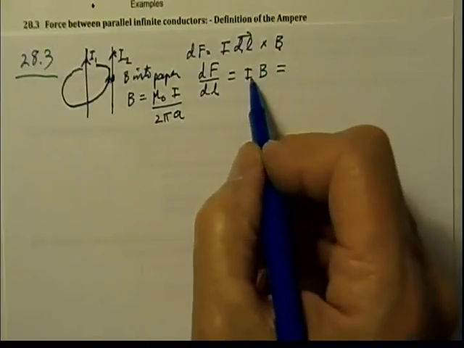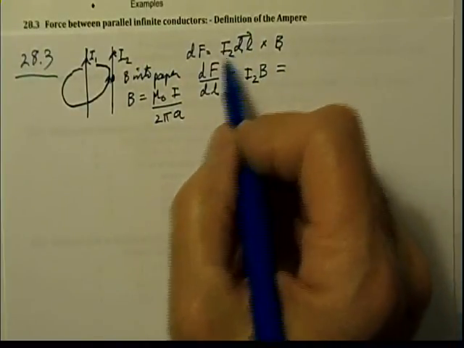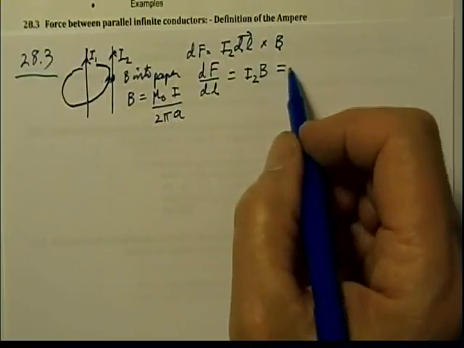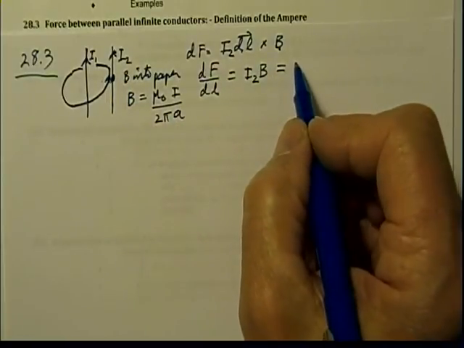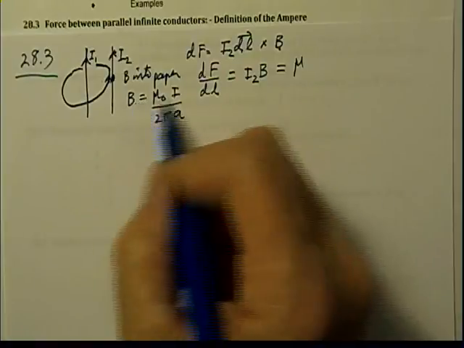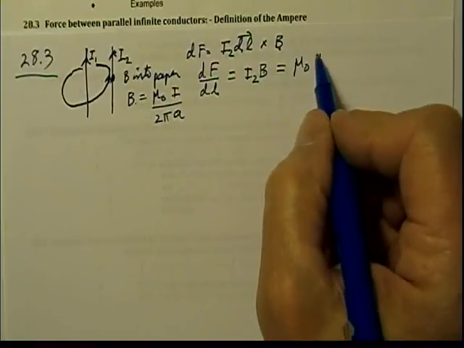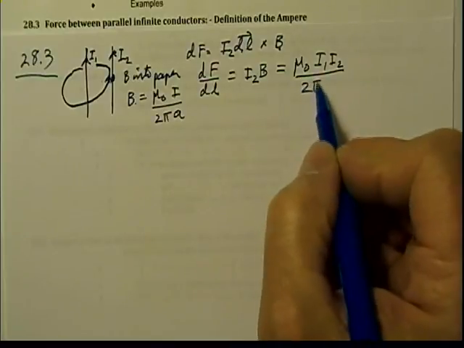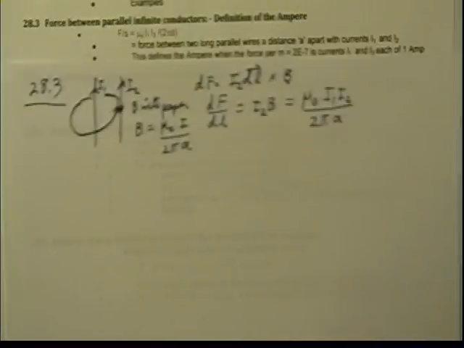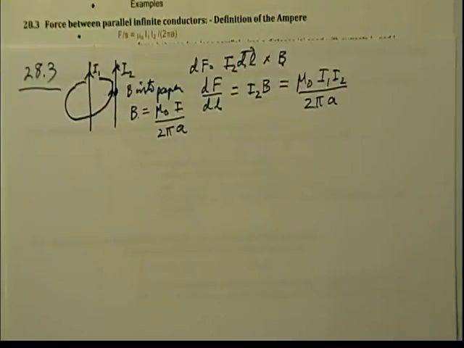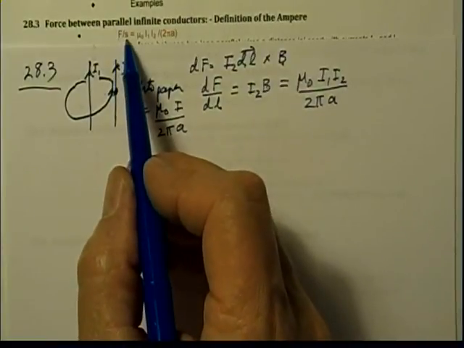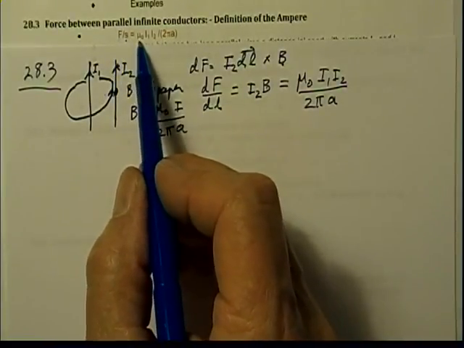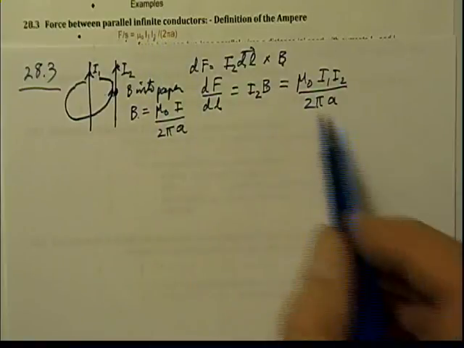But this is I2, because it's I2 that finds itself in the magnetic field. Substituting the B, this is equal to mu naught I1 I2 divided by 2 pi a. That is precisely what we find as the force per unit distance: mu naught I1 I2 over 2 pi a.